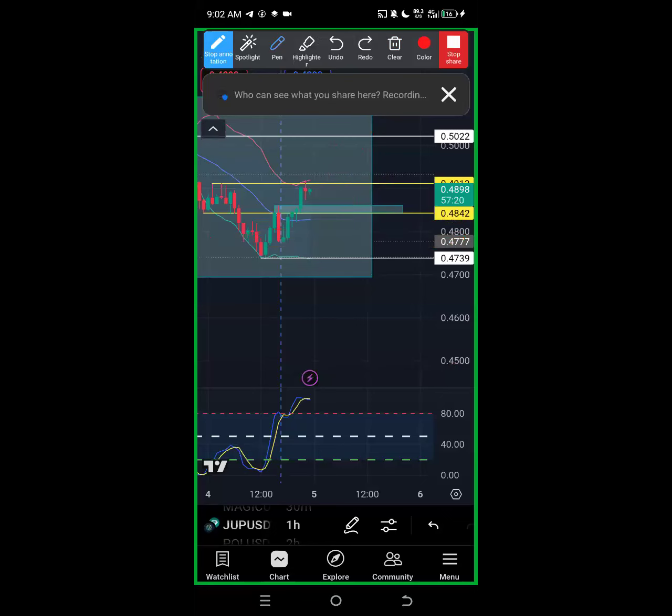Sometimes it can come and touch, sometimes it may even go slightly below it, but to be safer so that you are not left out, any pullback towards the zone should be good for the robot to buy. So you set your preset some percentage above the exact zone you have demarcated, so that as the price is dropping, okay, because it may drop and then it moves up without actually touching there. You see that? It doesn't mean that that area was not respected.